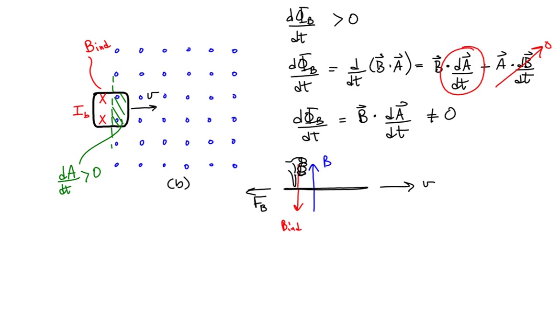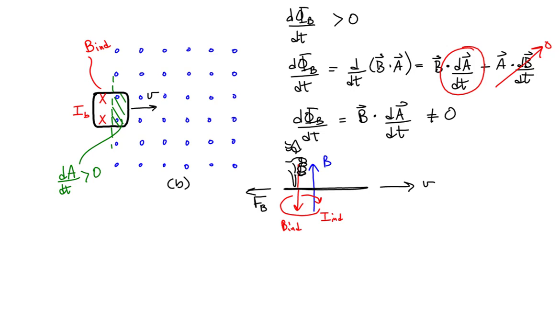So that's my poor attempt at drawing my right hand and my thumb. My thumb is in the direction of the magnetic field that's been induced. The fingers of my right hand are curling around. And if we were to look at this from above, we would see that this would represent a clockwise induced current.